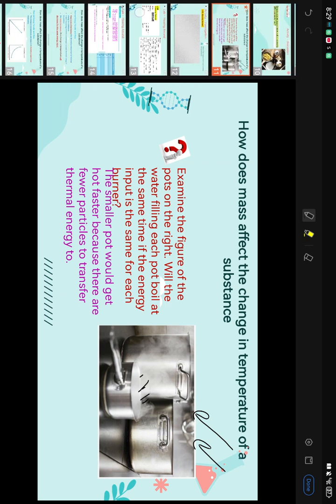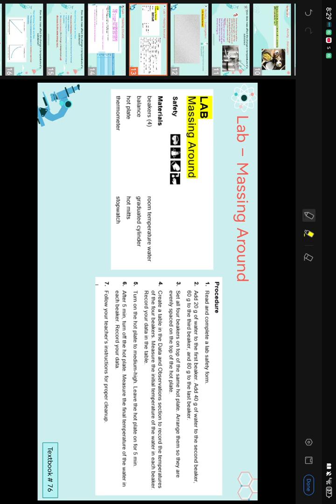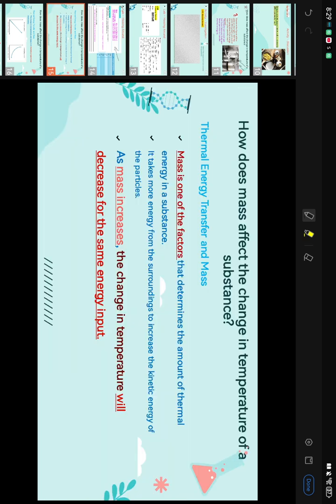Okay, we had this experiment and we did it in the laboratory, and make sure that you measure these things: mass and initial and final temperature. So mass is one factor that determines the amount of thermal energy in a substance. It takes more energy from the surroundings to increase the kinetic energy of the particles.